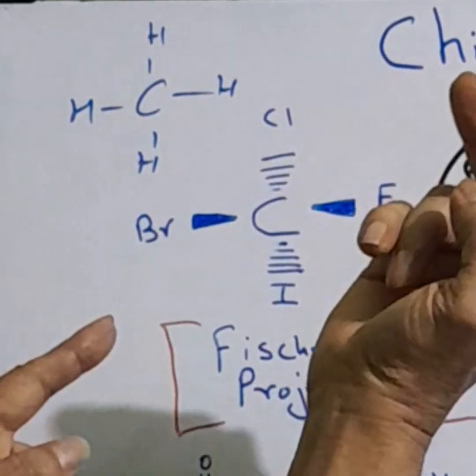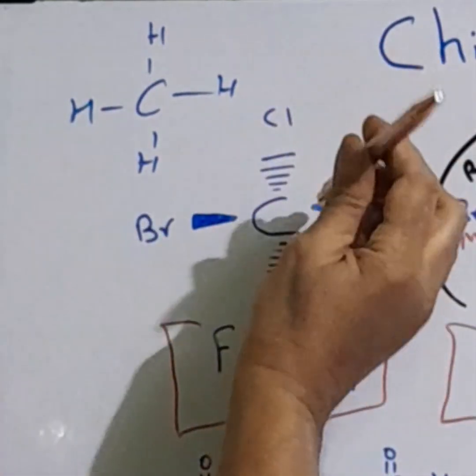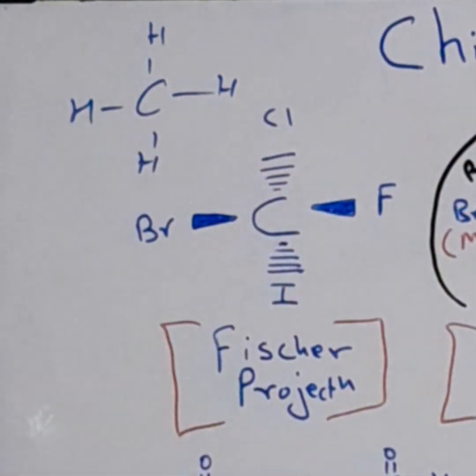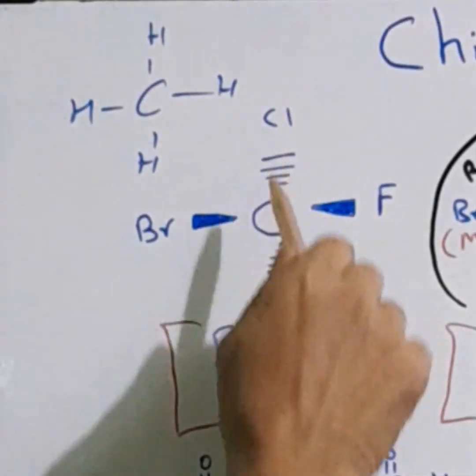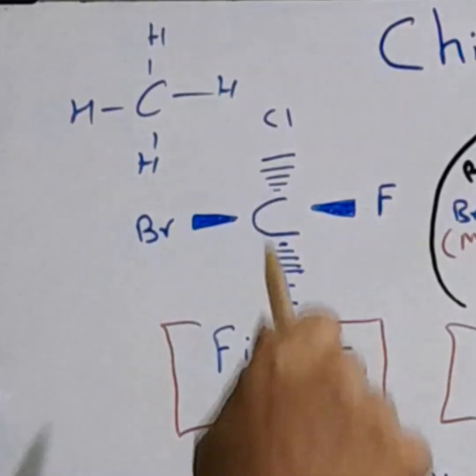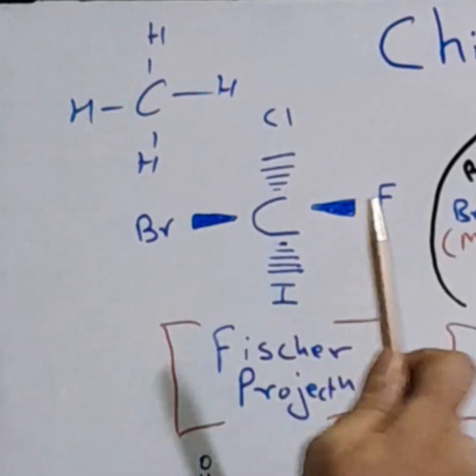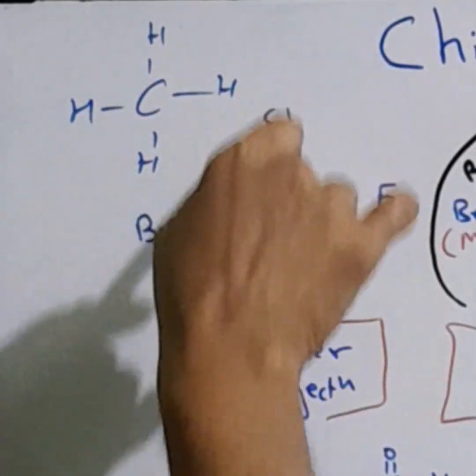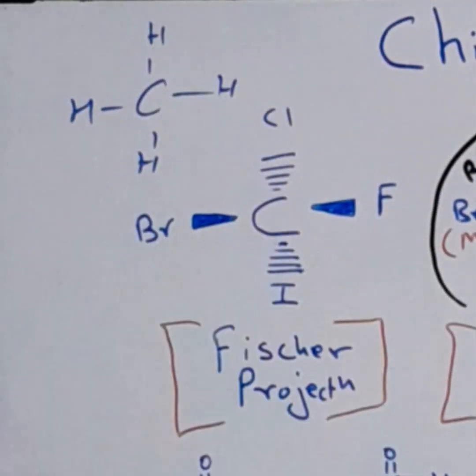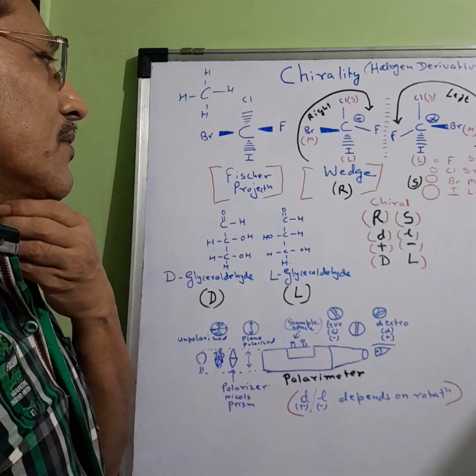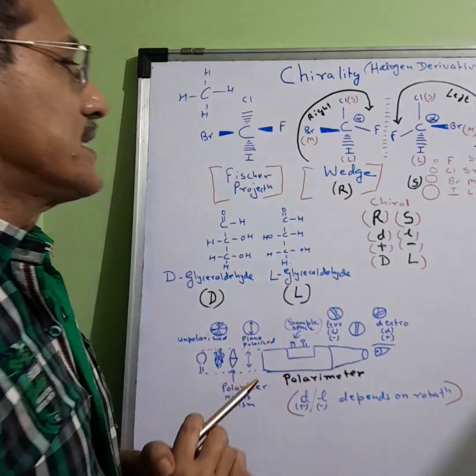Fluorine and bromine are both above the plane like this. And when it is dashed, it means it is below the plane. So in Fisher's projection, we carry with us that whenever it is horizontal, it is above the plane, and whenever it is vertical, it is below the plane. Now let's come to the Wedge formula.